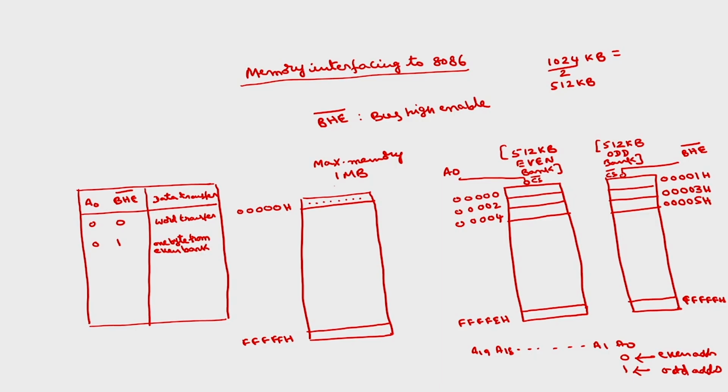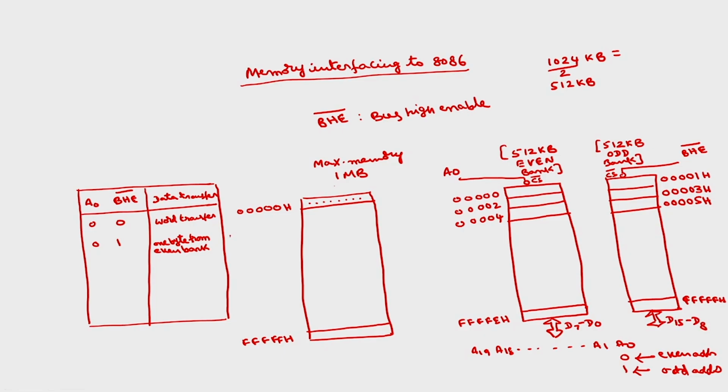The even bank will give the data bits D7 to D0, and the odd bank will give data as D15 to D8.